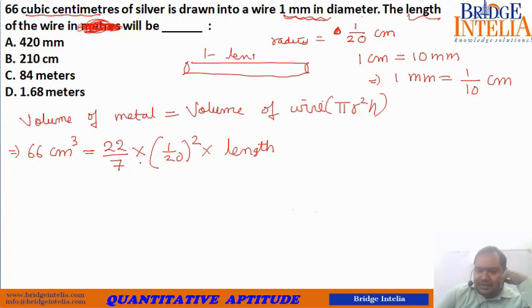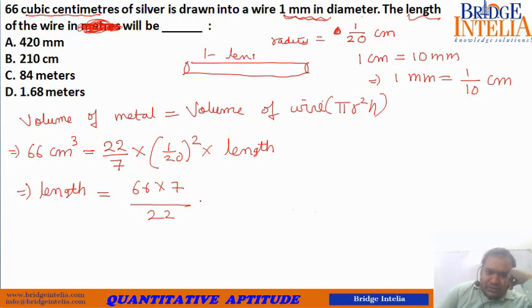So now if you solve this from here, you can see that length must be equal to 66 into 7 divided by 22 into 20 into 20 centimeter. So 22 threes are, 7 threes are 21, so 21 into 4, so this is 8400 centimeter.